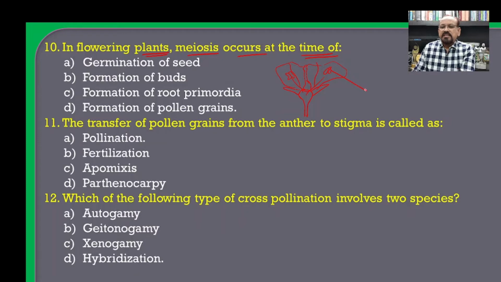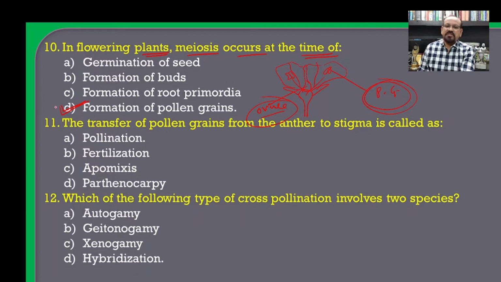So inside the stamen or the anthers there is formation of the pollen grains, and inside the ovary there is formation of the ovule or the megaspore, and during formation of the pollen grain there is meiosis in the angiosperms. So formation of pollen grain becomes the answer for this question.